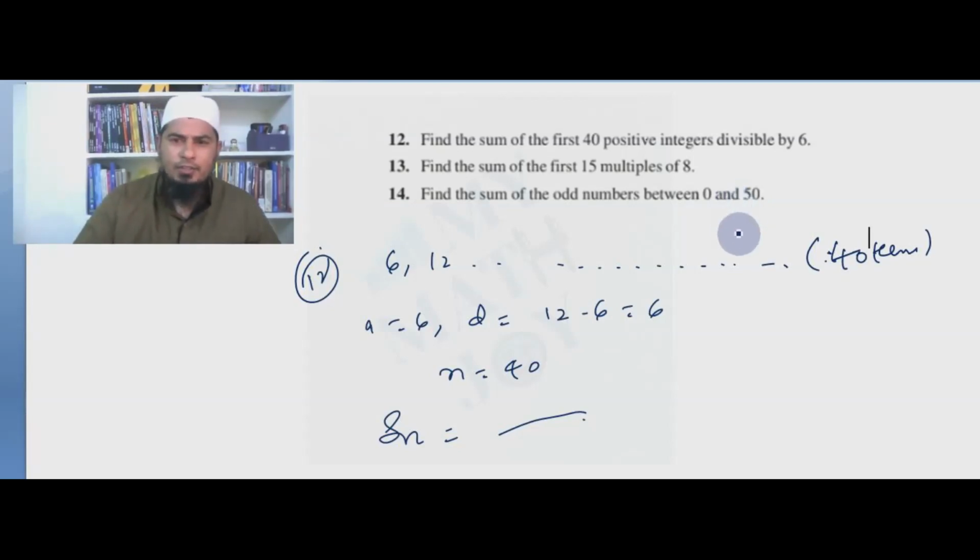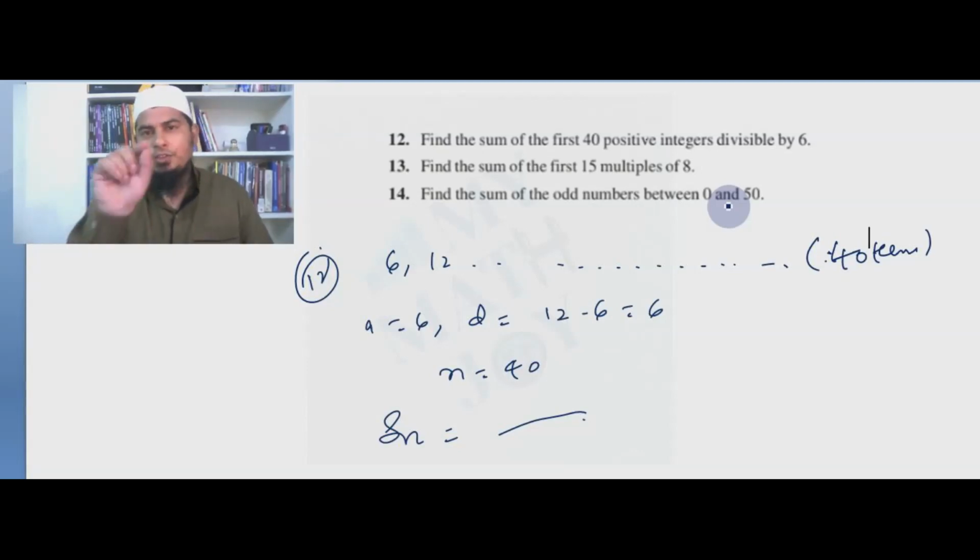Here the number of terms is not given, so you need to take the an formula and find n. What is an? From 0 to 50 we are taking odd numbers, so the last odd number will be 49. So take an as 49, and with D, find the n value, and then please go to the Sn formula.